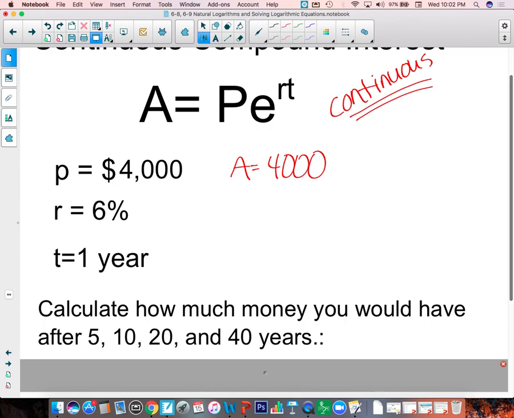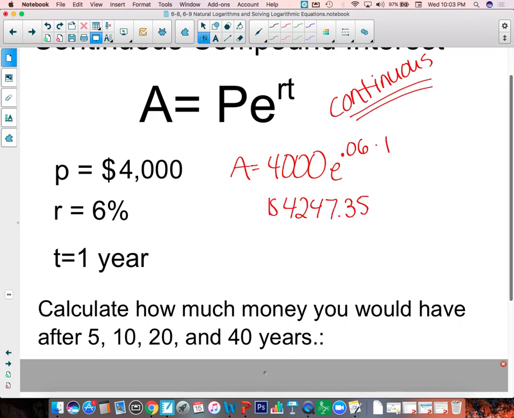All right, so 4,000 e. My R is 6%, so I know that I have to do 0.06. And then my time is 1. We're just starting out with 1 year. Okay, so if I threw that in my calculator, $4,000, putting that in there for 6% for a year, that'll give me a decent amount of money.